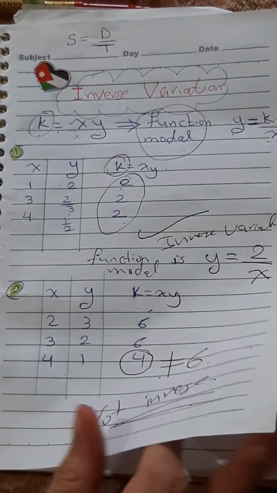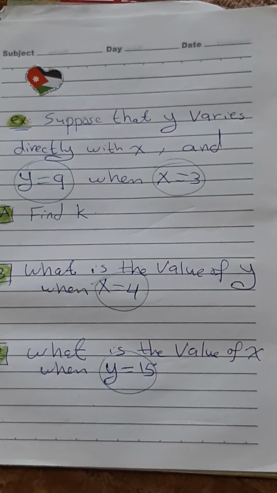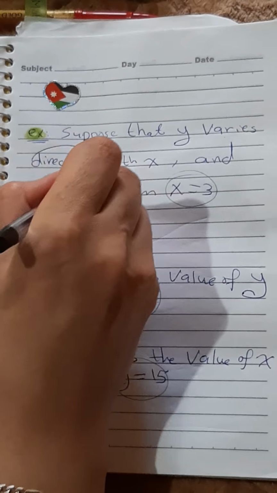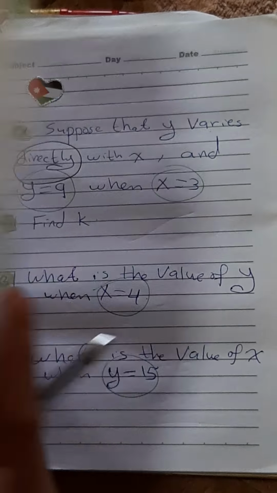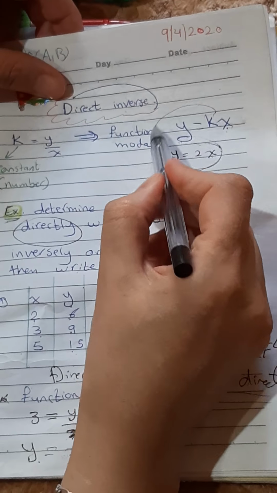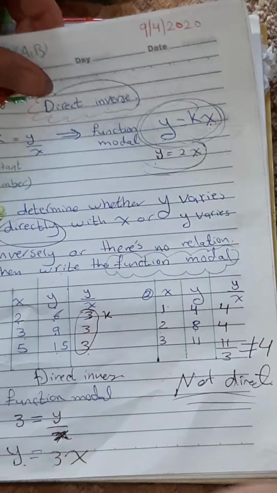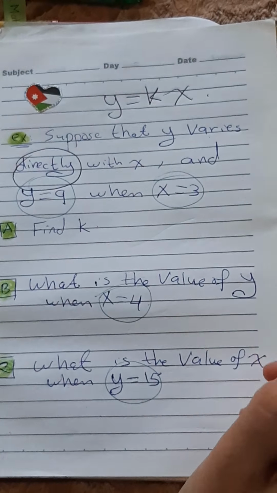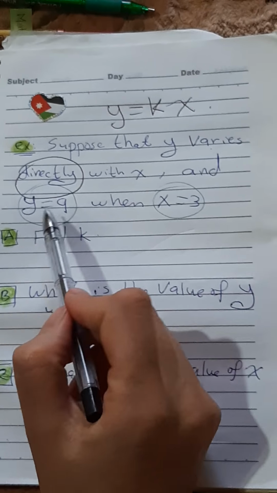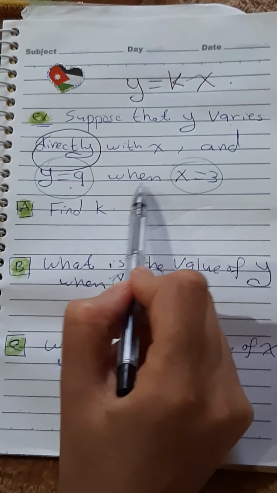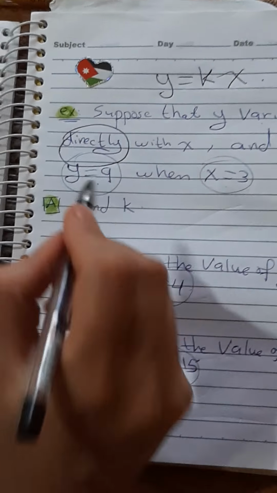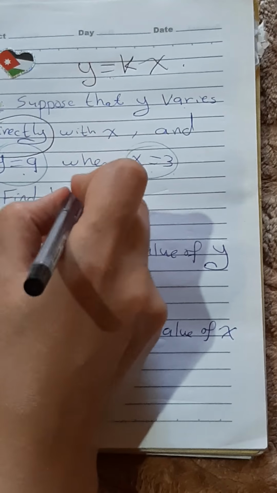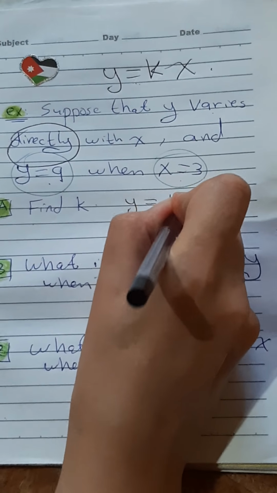Now let's take the last example. Suppose that y varies directly. What does directly mean? It means y equals k times x. And y equals 9 when x equals 3. First, find k. Since it's directly, write y equals k times x.